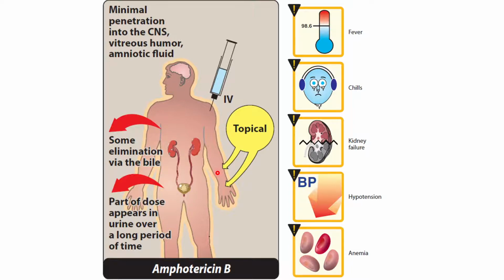It's eliminated by the bile and urine, and the adverse effects include high temperature, chills, kidney failure because of the toxicity for the kidney, and that because they are non-selective. Hypertension and anemia can also be seen in some patients. So for that reason, amphotericin B is no longer used frequently and only in emergency cases, and also sometimes topically for the severe infections.